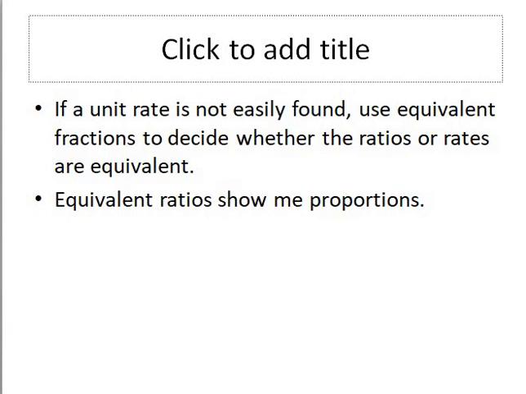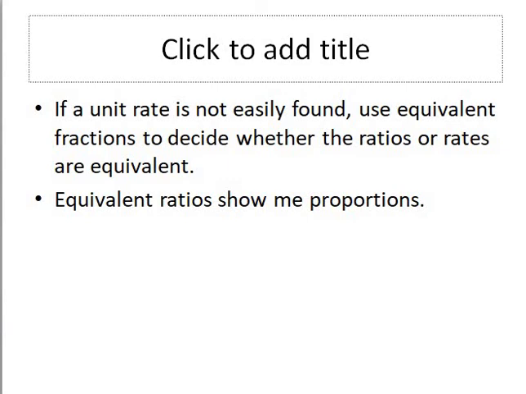Why? Because in unit rates the denominator is 1. So if the denominator is 1, the two values in the numerator should be the same to say that we have an equal unit rate in both ratios, right?